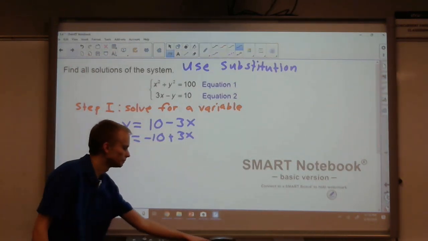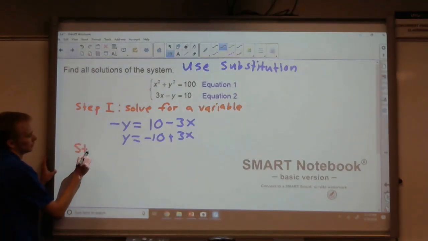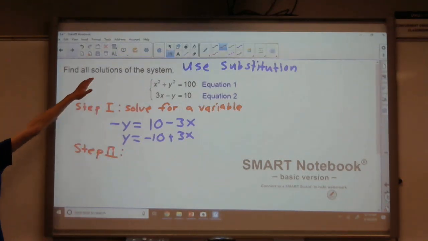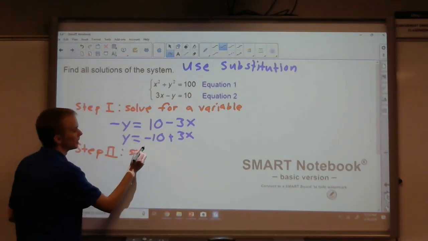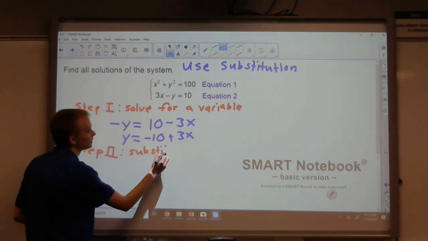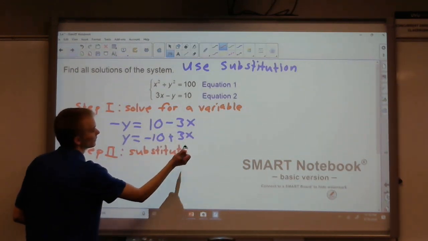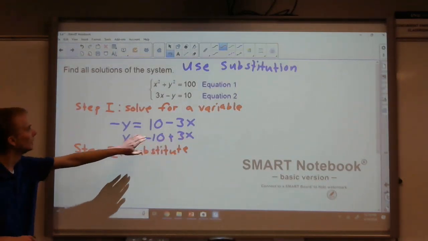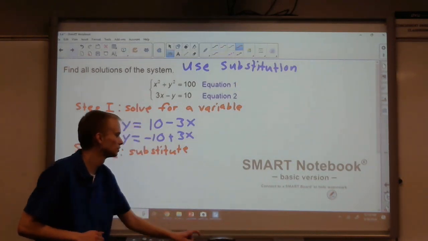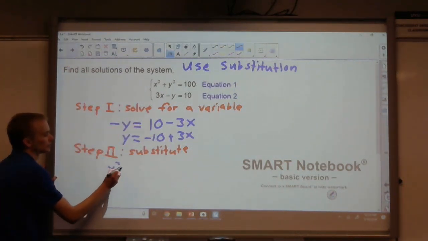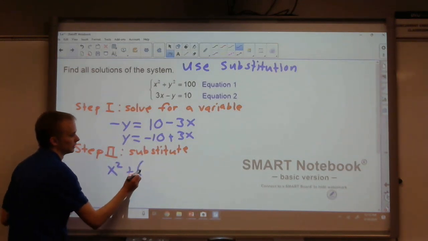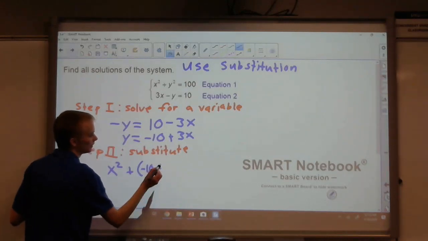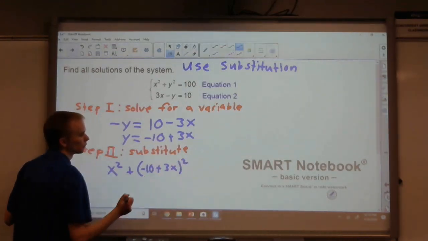Then what I'm going to do, step 2, was to plug in that equation into the other equation. Or to just simplify that down, I'm just going to substitute. Okay? I'm just going to substitute in this equation here for y in the other equation. So I've got x squared plus negative 10 plus 3x, squared, okay?